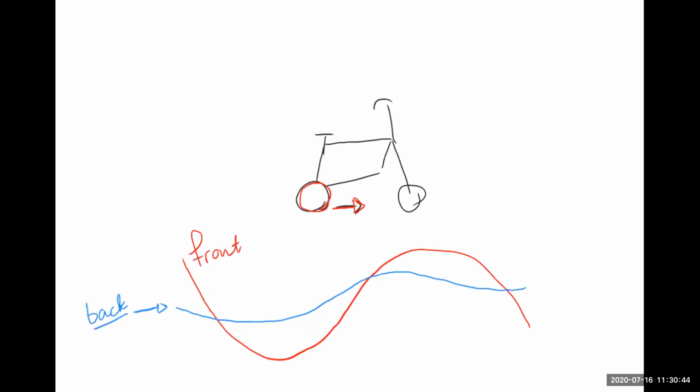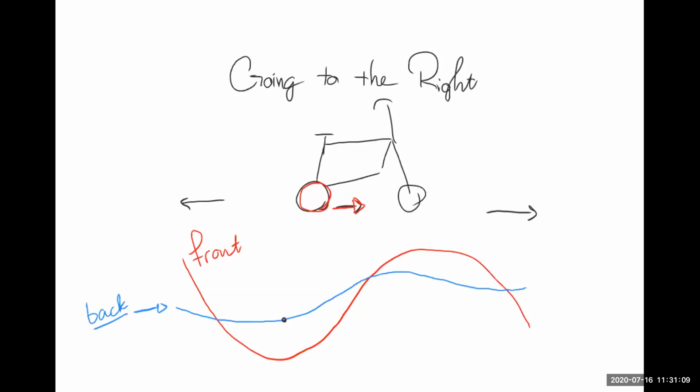And the other thing is that you should first suppose it goes right and then suppose it goes left, and test both of these cases. When the back wheel is here, suppose the bicycle is going to the right. If I want to find out where the front wheel is, I should draw a tangent line and see its intersection with the other curve.